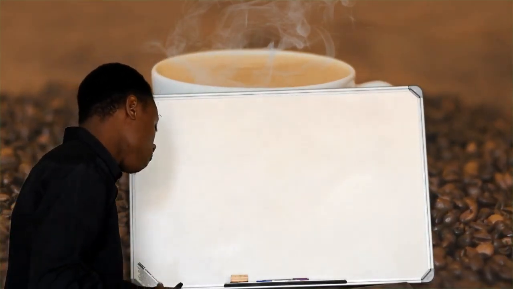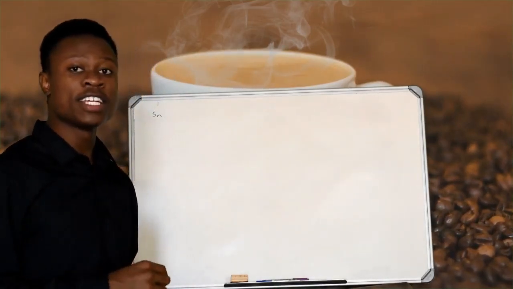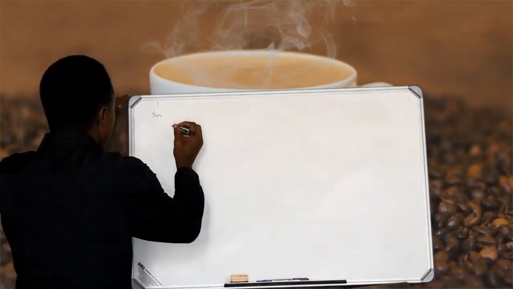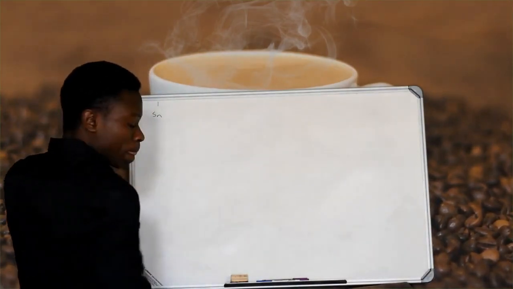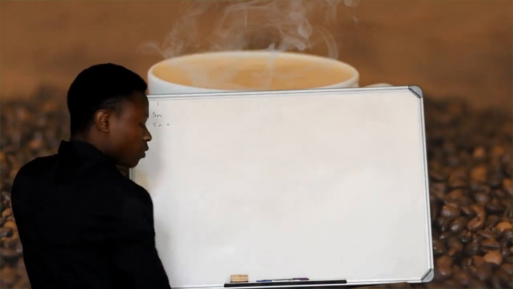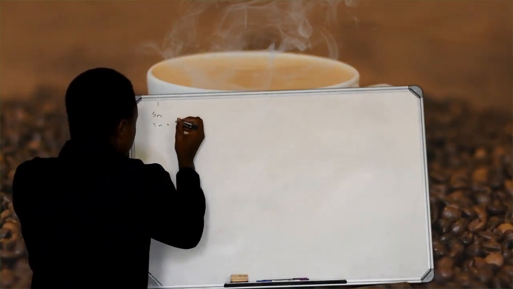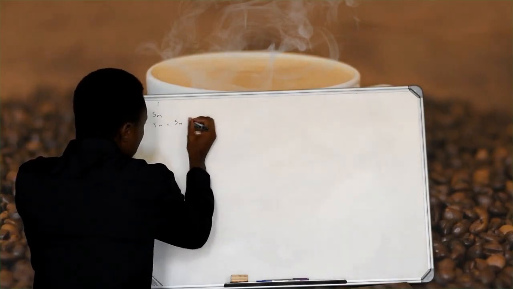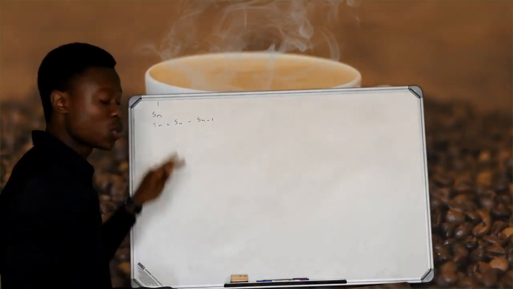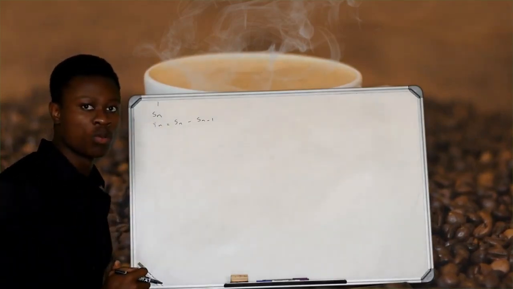Okay? So, let's say you want to find Tn. This is how you denote it. Tn would be equal to the sum of n minus the sum of n minus 1. That's what Tn will be equal to.